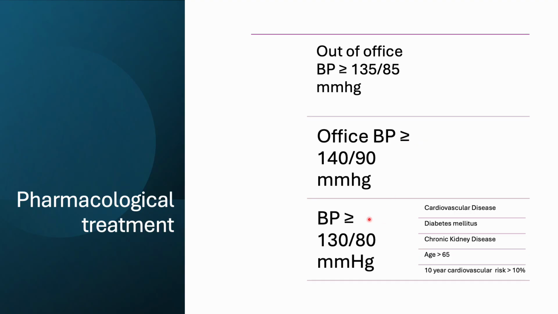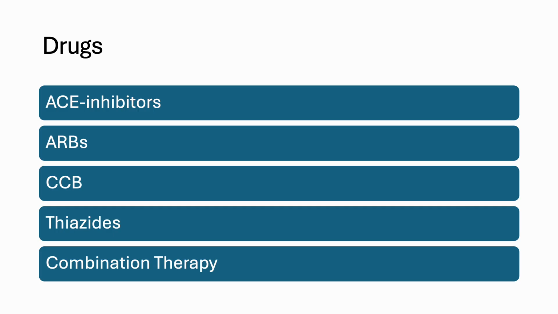You can start treatment at lower thresholds as well. Let's say if someone has a blood pressure of more than 130 over 80, but has established cardiovascular disease or diabetes or chronic kidney disease, or his 10-year cardiovascular risk is more than 10%, then they are also a candidate for initiation of pharmacological treatment. We'll be going into depth about the various drugs and the options in another video.